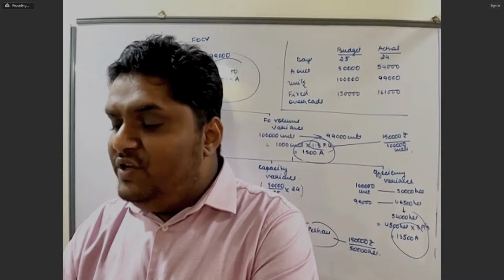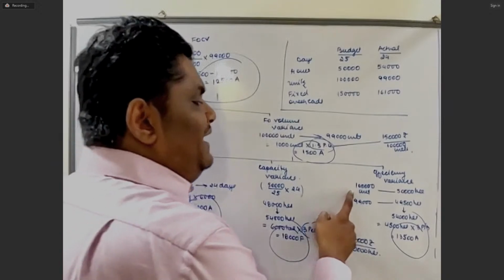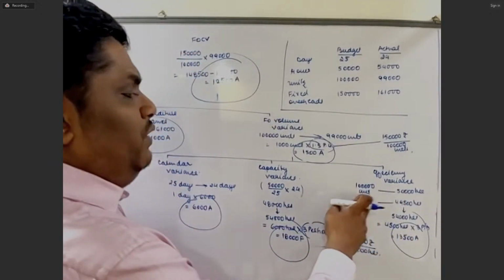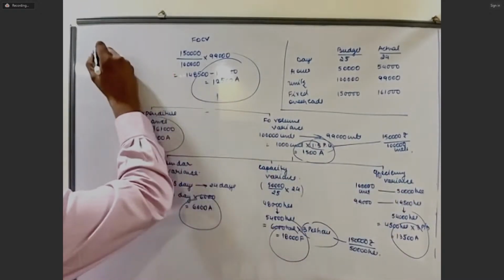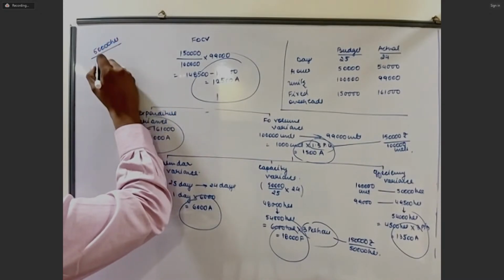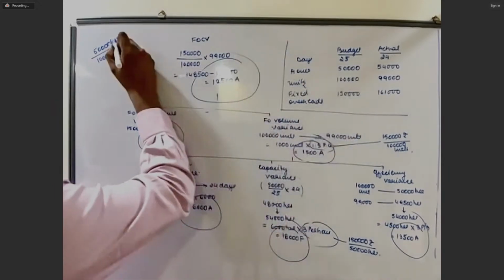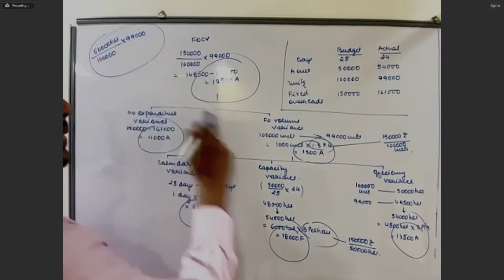Okay, Bhumika, the efficiency variance is 13,500 adverse. So 1 lakh units, 50,000 hours. We have to calculate it in hours. So for 99,000 units, how many hours?